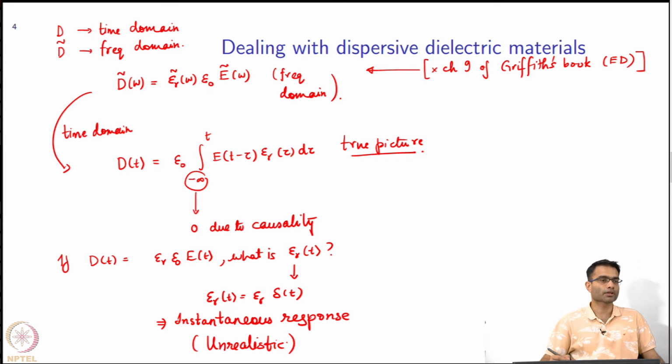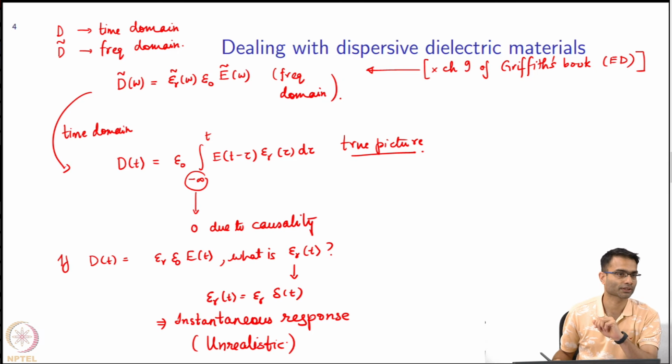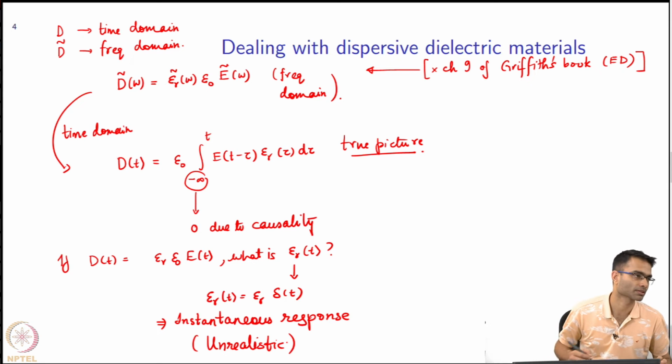No material can respond instantaneously, even a spring. Supposing you apply some force to it, it does not instantly start oscillating. It takes some time. Similarly, when you remove the forcing function, it does not instantaneously stop. It goes for a while and then stops, right? So nothing is instantaneous in nature, right?